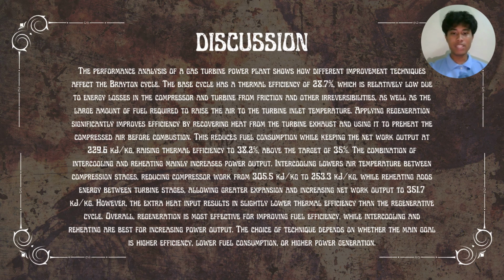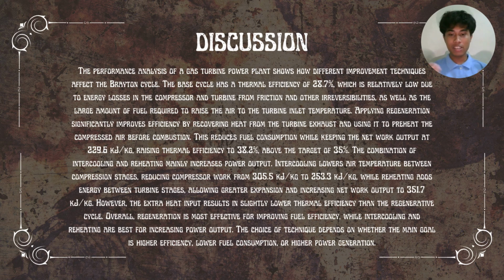This low efficiency is mainly caused by energy loss in the compressor and turbine due to friction and other irreversibility. In addition, a large amount of fuel is required to increase the air temperature to the turbine inlet temperature, which further reduces overall efficiency.